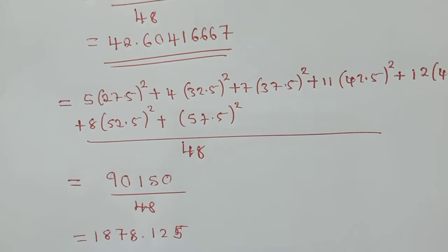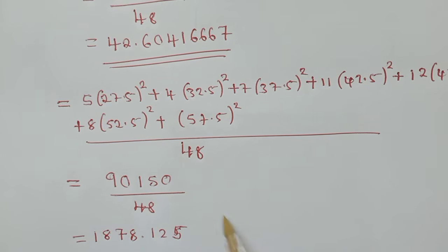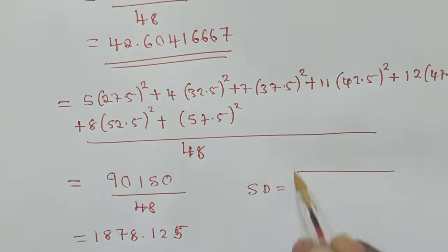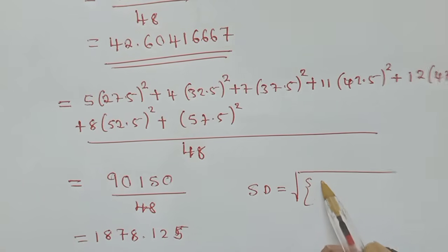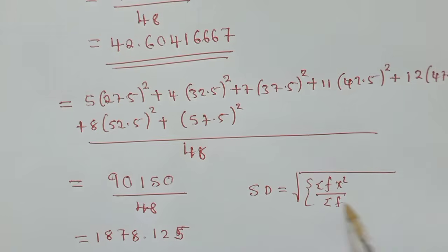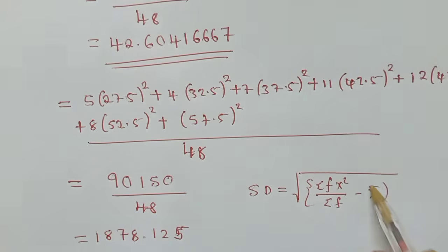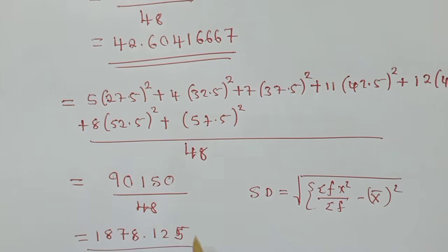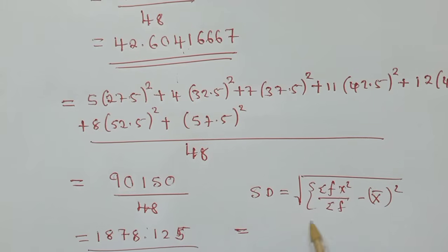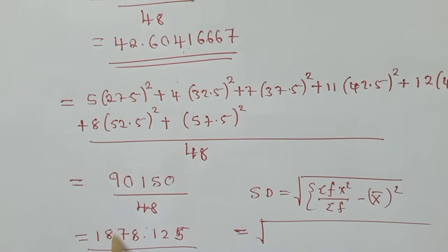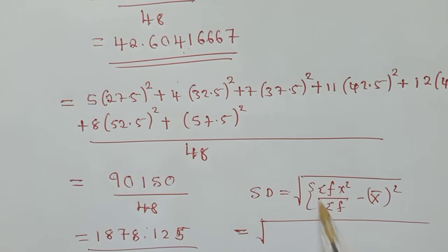So now, going back to our formula, let me write it here. Standard deviation is equal to the square root of summation of f x squared over summation of f, minus the mean squared, or x bar squared. This is what we need to use. So from here we'll say equal to square root, and we'll start with this, because this right here is for this.